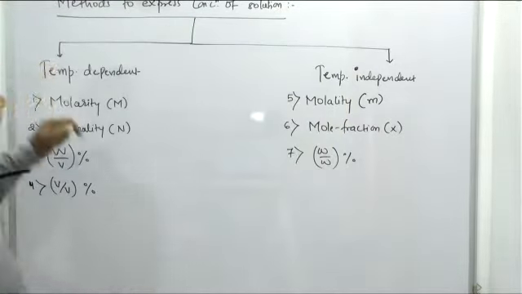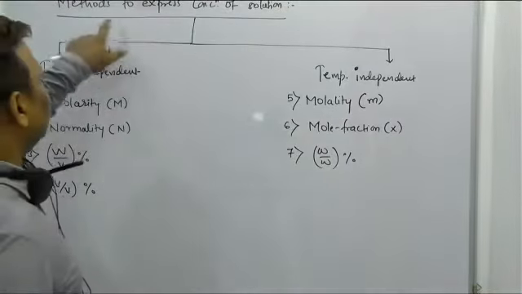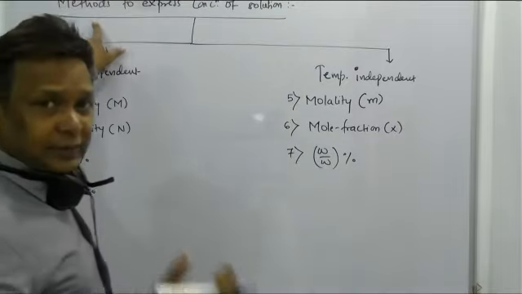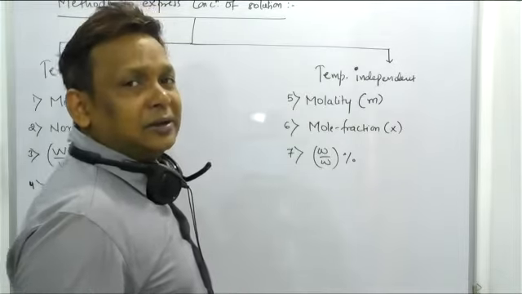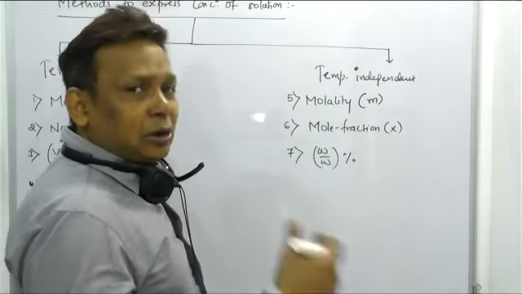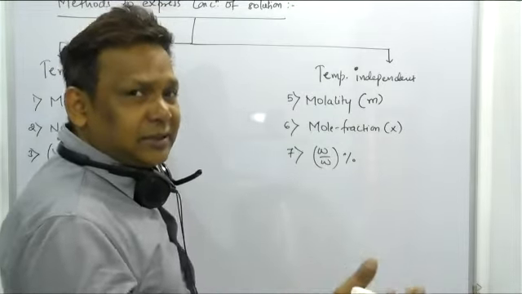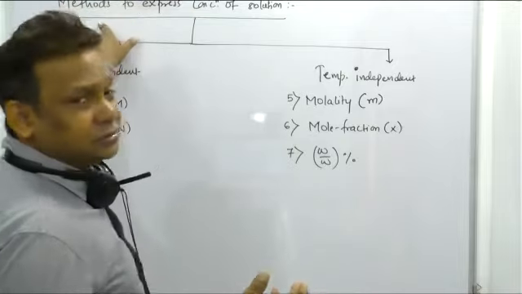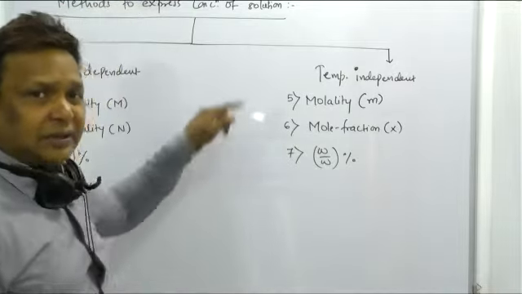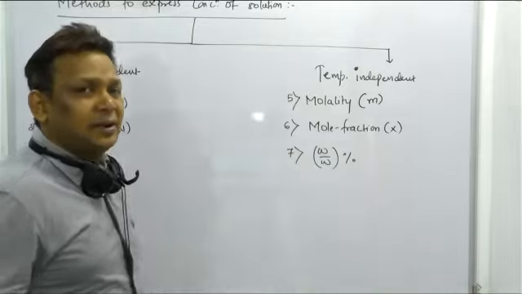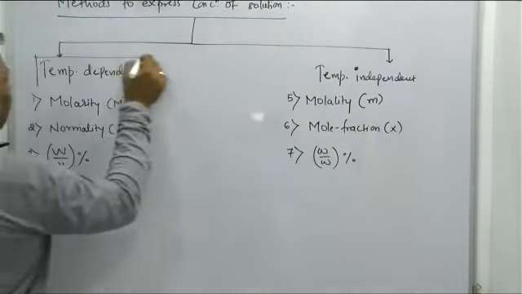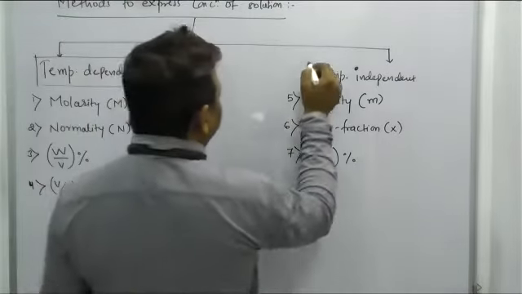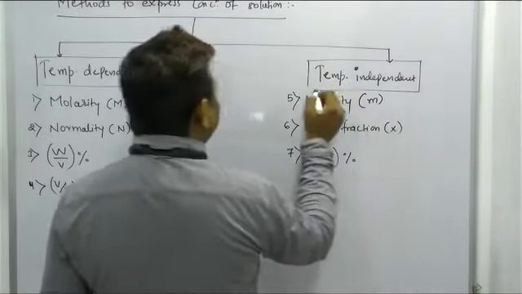Now, based on the solution, we are going to learn how the solution will be. Either it is a dilute solution or a concentrated one. If it is dilute or concentrated, how to express it? To express the concentration of solution, there are a few methods. They may be temperature dependent terms or temperature independent terms.